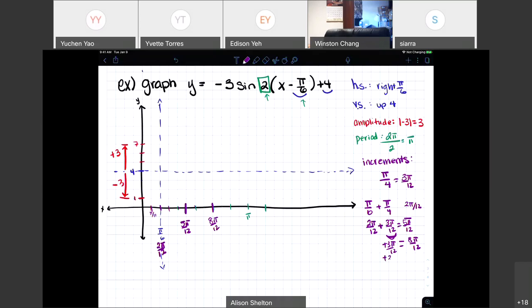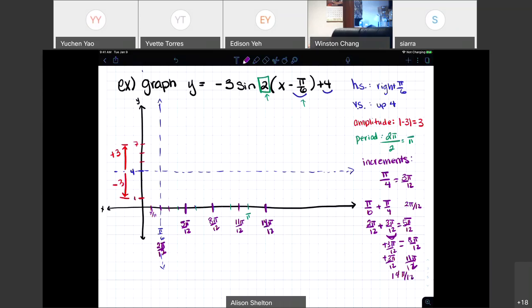And to that, we want to add 3 pi over 12 to get our next one. That gives us 11 pi over 12, which is right here. And then we add 3 to that, which gives us 14 pi over 12. And that's where we end right here, 14 pi over 12.